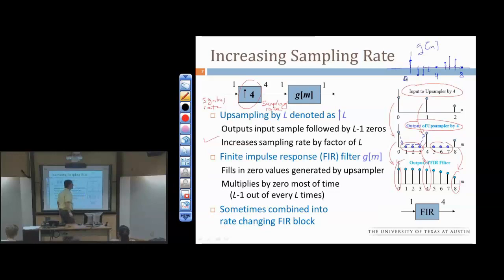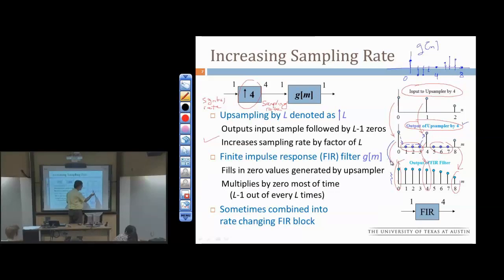0 crossings every 4th value, and I do the flip and slide of g[m] with the output of the upsampler, and as I flip and slide, the only contributions at this point here will be from where I got it from above. Because 4 samples later it's 0, and 4 samples later it's 0.